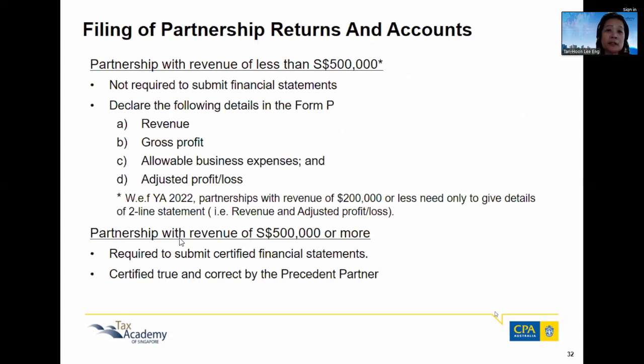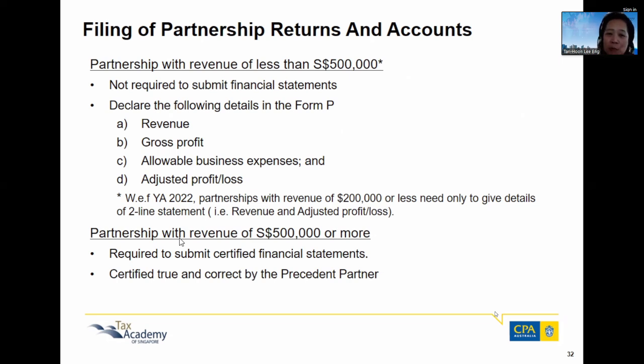Okay, filing of the partnership returns and accounts. Just now I mentioned that the precedent partner has to file a Form P, and in the Form P has to give us the four-line statement. The financial statement is not required if revenue is less than 500,000. So a partnership with revenue less than 500,000 will need to file a four-line statement and need not give us statement of accounts.